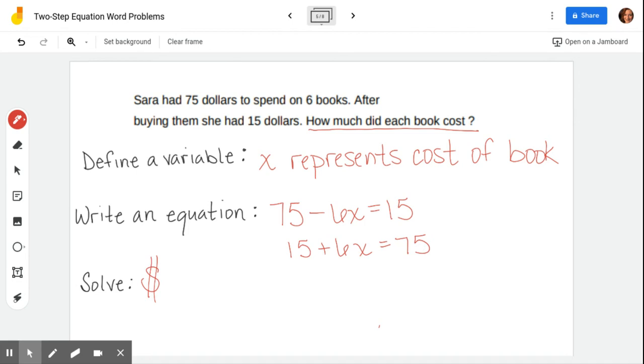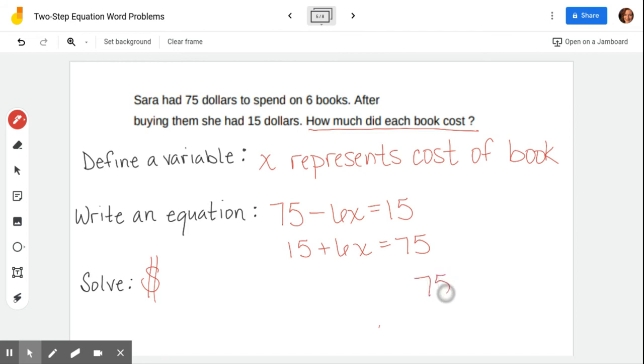Those 2 equations represent the exact same information, and I don't know why any teacher or test would say one is better than the other, unless you are specifically asked to use subtraction versus addition, which sometimes is true. But if it doesn't specify, those are both good. So I'm just going to start with the first one since it's the first one that I wrote, and I'm going to go over here and solve it.